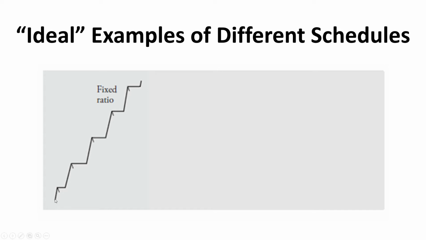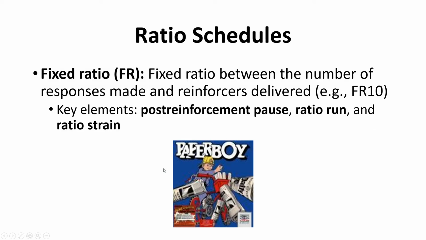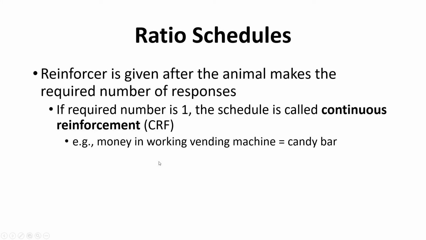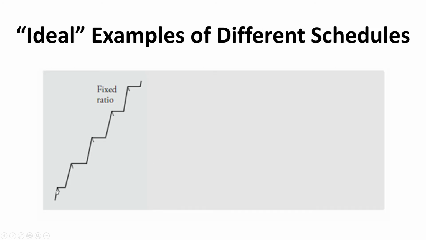So you might notice that each time reinforcement is delivered, we see this plateau, where if you think back to our cumulative record machine, those flat points are pieces where there is no responding. So after reinforcement has been delivered, there's a period where no responding is made.